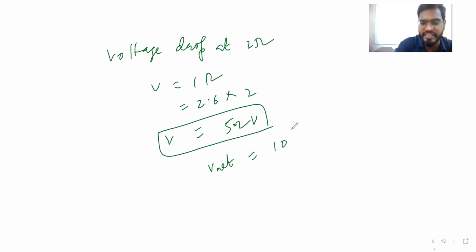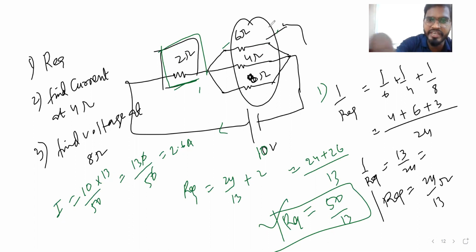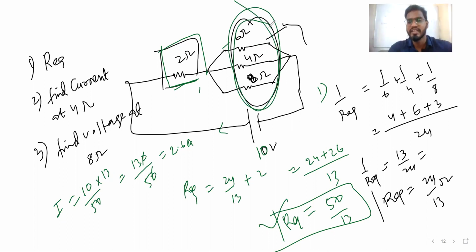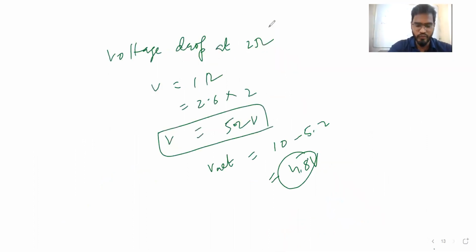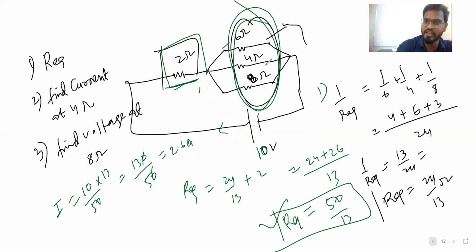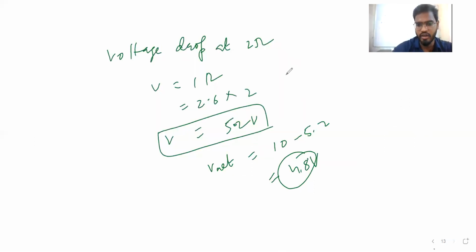If you subtract 5.2, you will get 4.8. So 4.8 volt is going here all the way. It means 4.8 volt is here also, here also, and here also.